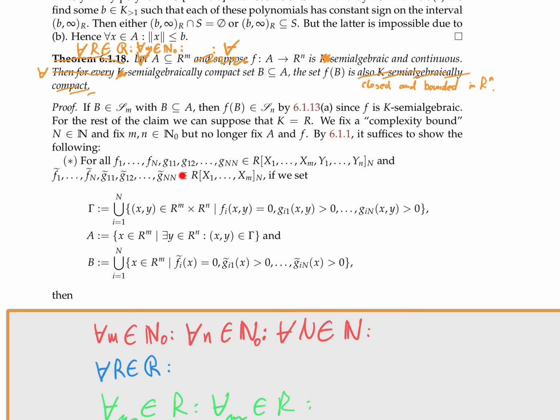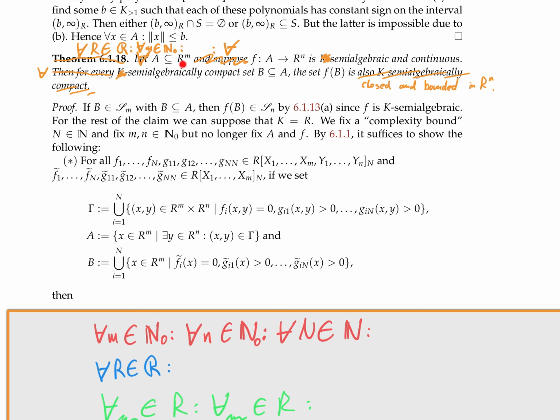And I take just the same number of polynomials. I call them f_i tilde and g_ij tilde, and of the same maximum degree, but this time only in the x variables, because that's a subset of A. So they should define a subset of A, that means a subset of R^m in particular.